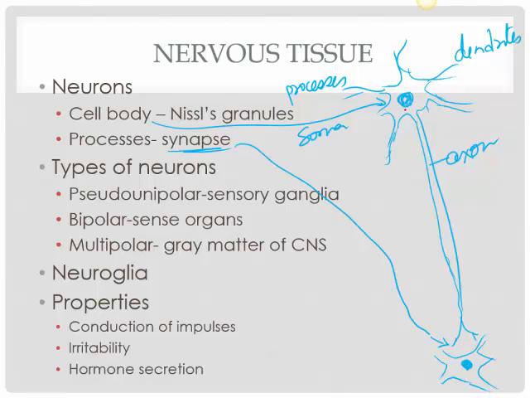Inside the cell body of a neuron, the rough endoplasmic reticulum is very prominent, seen as granules known as Nissl's granules. Remember, neurotransmitters have a lot of protein in them, and rough endoplasmic reticulum is important for protein synthesis and transport. That's why you see so many Nissl's granules here.